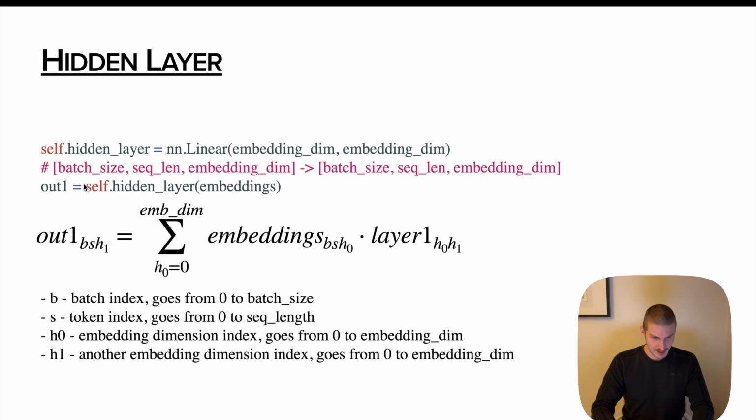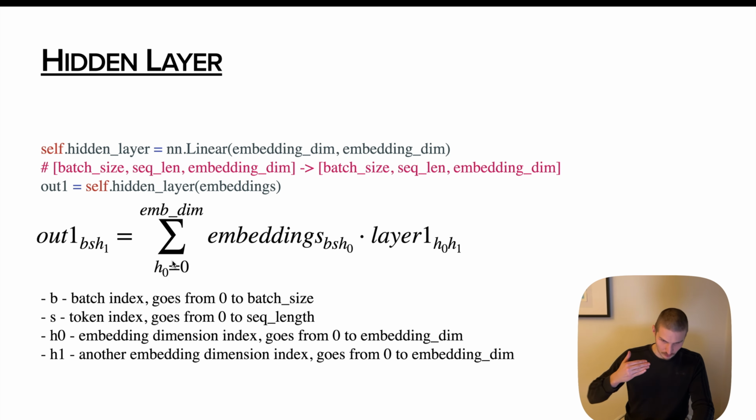And this actual matrix multiplication can be roughly depicted as this equation. So we have this embedding tensor, which is an input. It also has these 3 indices. We multiply that by layer 1, and multiplication here is a simple number multiplication. So after looking up all the indices, this is just a number, this is just a number, and then we sum over all the elements from this H0 index.